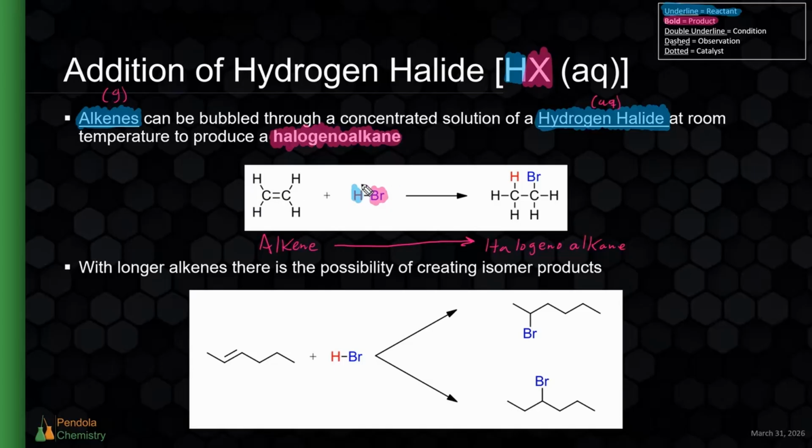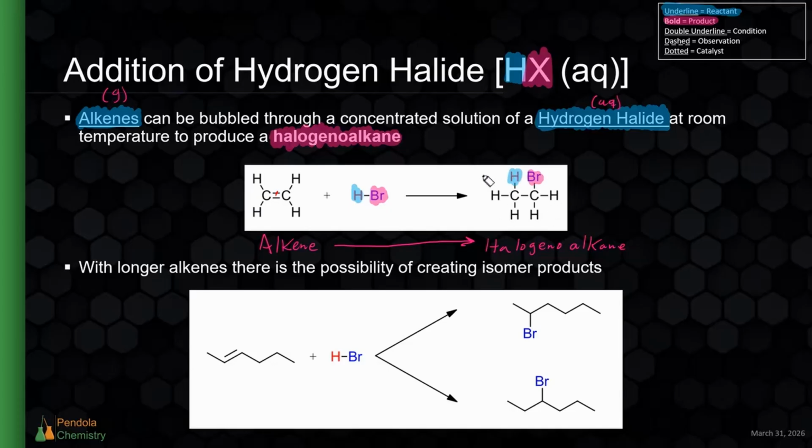Why? What happens in this reaction? What happens in this reaction is that the pi bond on the double bond gets broken, and then hydrogen gets added to one carbon, and bromine, or whatever halogen we happen to have, gets added to the other carbon. So we'll have our bromine here added to one carbon, and our hydrogen added to the other, creating the halogenated alkane.